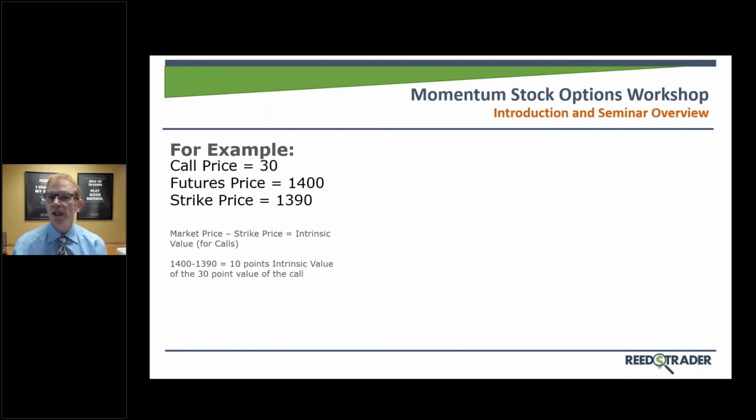Well, it's worth $1,400. So if we take the market price of $1,400 and we subtract $1,390, our strike price, we get 10 points. We're going to get into this, but it's called being in the money. It's 10 points in the money, or $10 in the money. That is the intrinsic value of this call. So 10 points or $10 of the $30 value of the call is intrinsic value. That means the other $20 is extrinsic value.